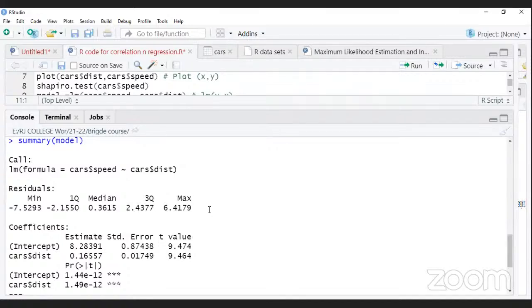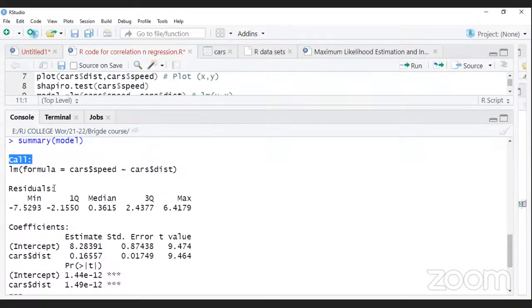Our overall aim is to understand the output, not just execute it. This call represents how you fit the model: the formula is your dependent variable, tilde, independent variable.